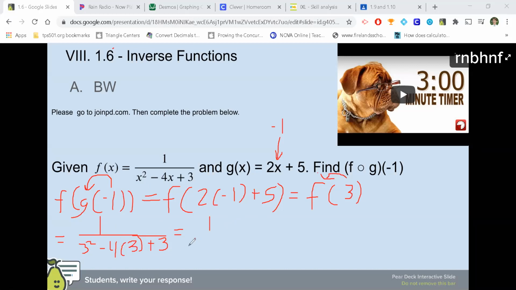So we get this 1 over 0, which is undefined. Or you could say no solution would be okay too. Undefined is probably the better term, but if you say no solution, that's not wrong.